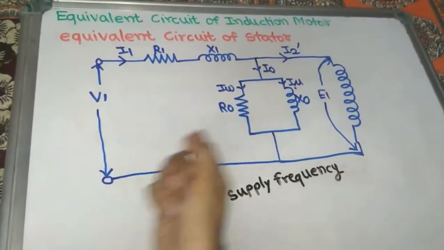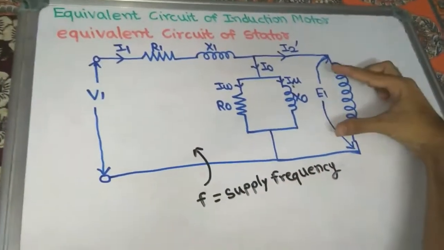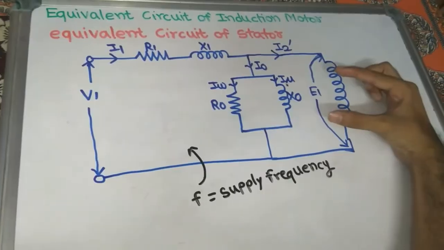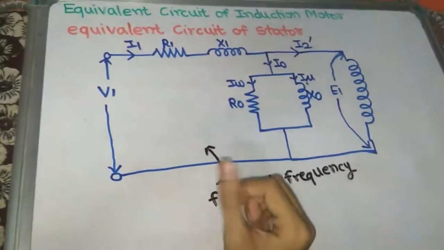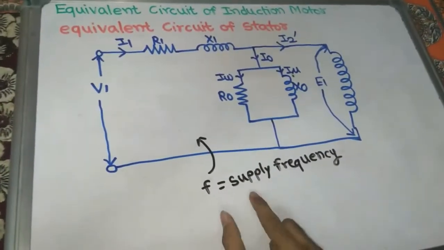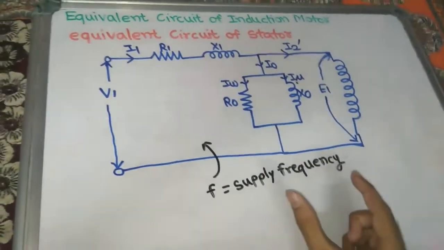V1 is the applied voltage to the stator winding per phase, and E1 is the EMF induced in the stator winding per phase. The frequency of supply given to the stator winding is the supply frequency, which is nearly 50 Hz.